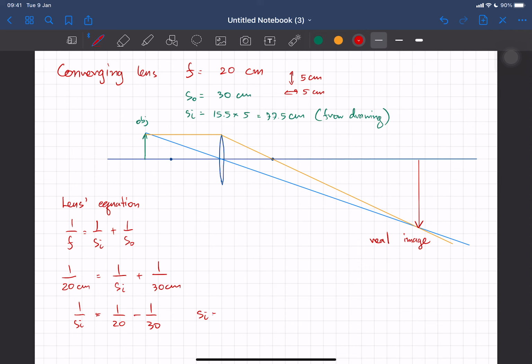Solving this, I'm calculating that here, SI is about 60 centimeters. Okay. So you can see that from the calculation it is 60, but the way we drew it gives 77.5.